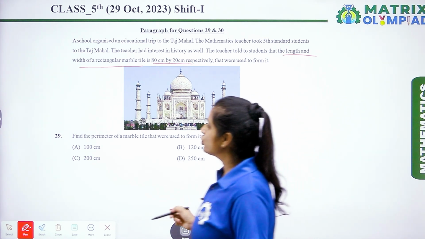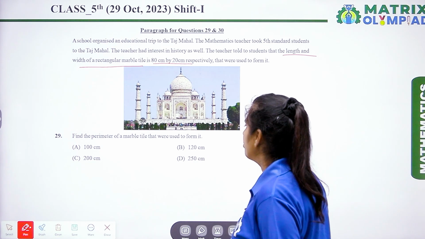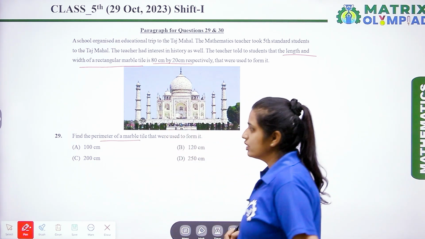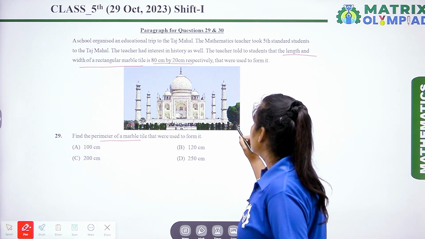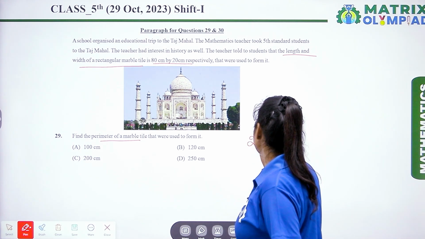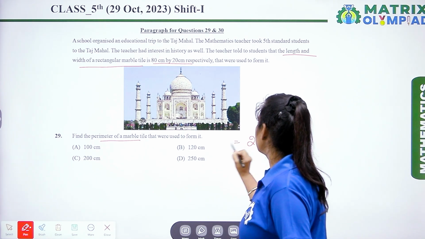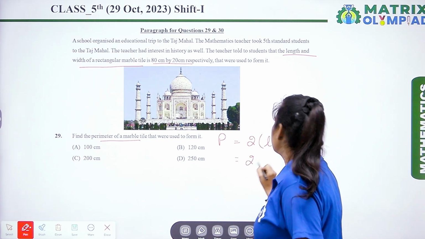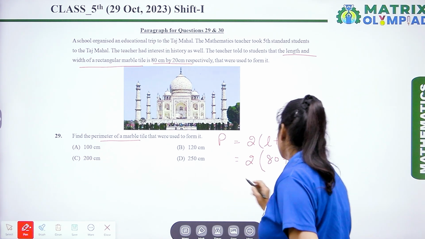So let's read the question. Find the perimeter of a marble tile. So here we have to find out the perimeter of a marble tile. We know that a rectangular shape has perimeter 2 into L plus B. So here length is 80, breadth is 20.